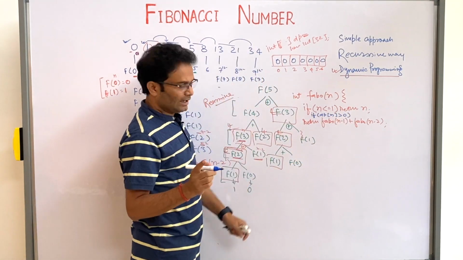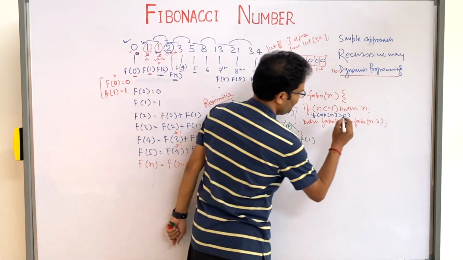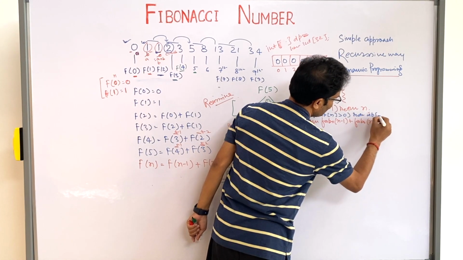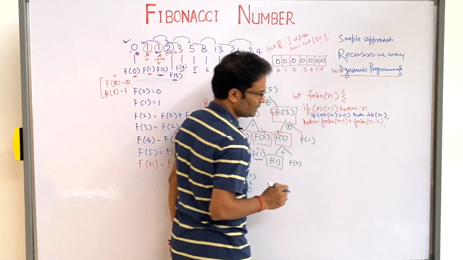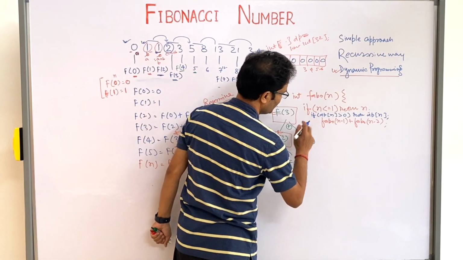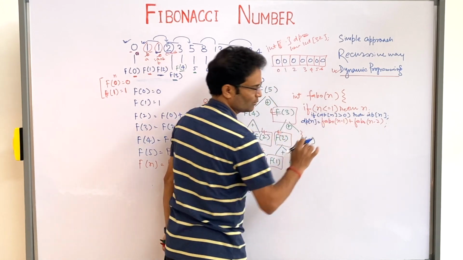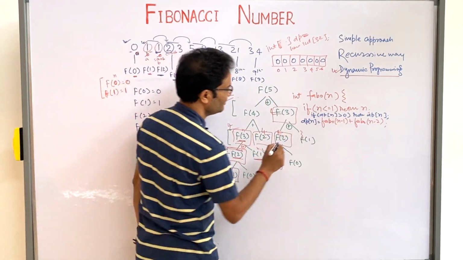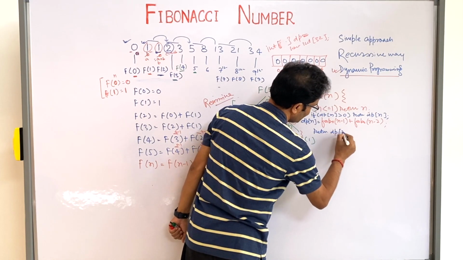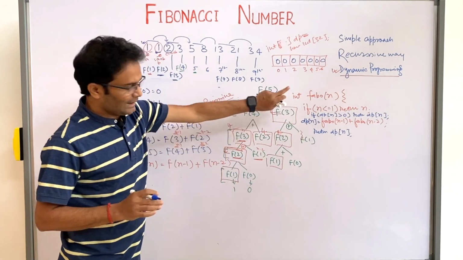If any value is more than 0, it means we have already calculated it. If it is calculated, then return that number and no need to calculate. If it is not there, then calculate. How can you do that? dp n is equal to this one, and finally return the dp n, right?